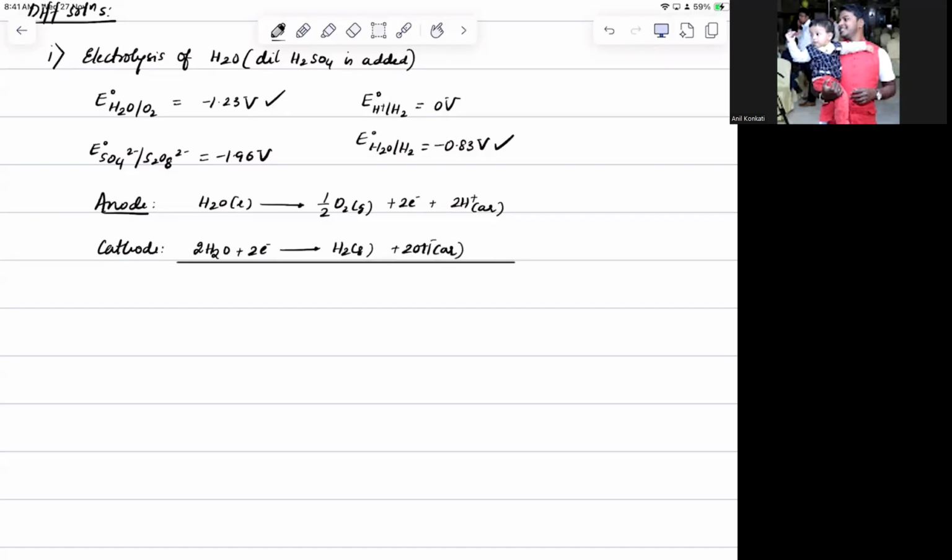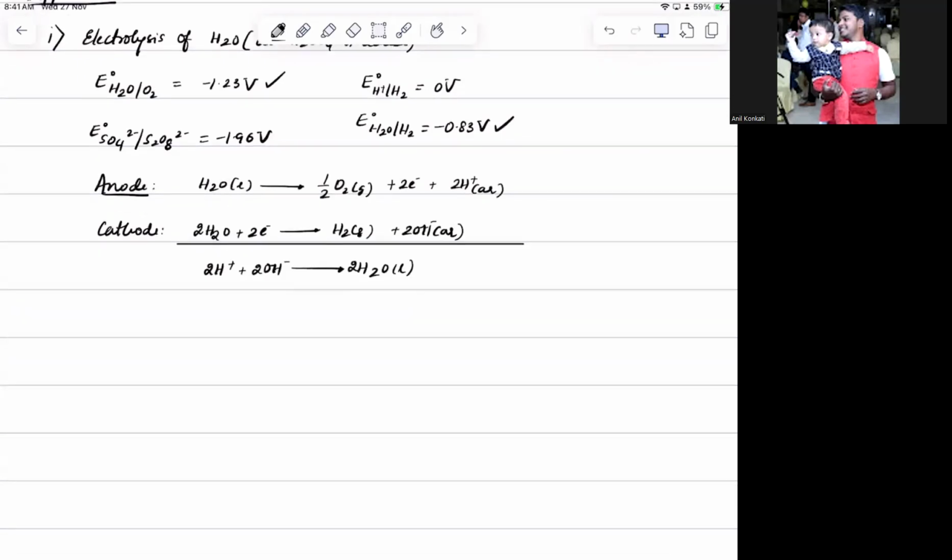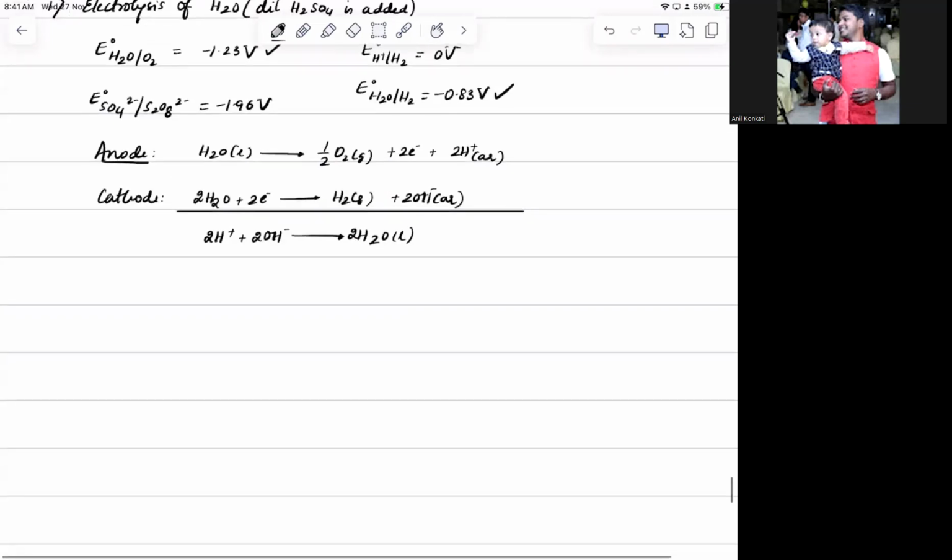If we write the overall reaction, 2H plus 2 OH minus gives 2H2O, which is the reverse of it. So the overall reaction is H2O liquid converting into H2 gas plus half O2 gas.